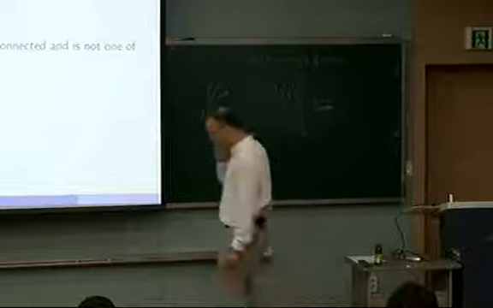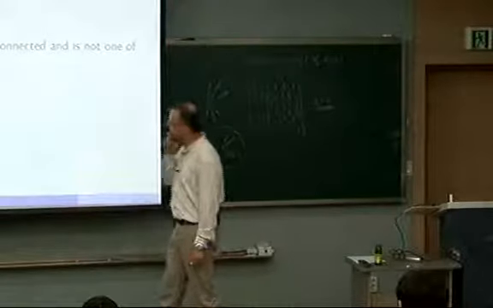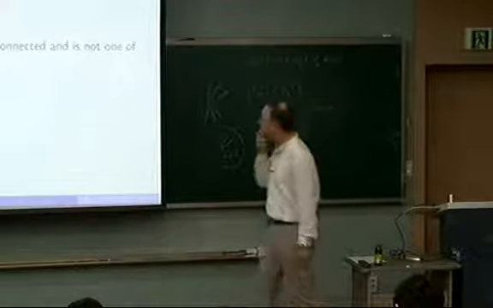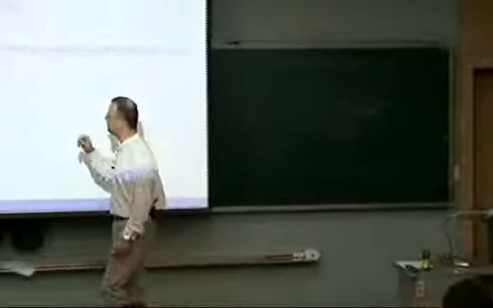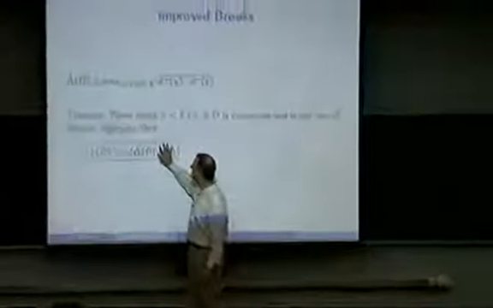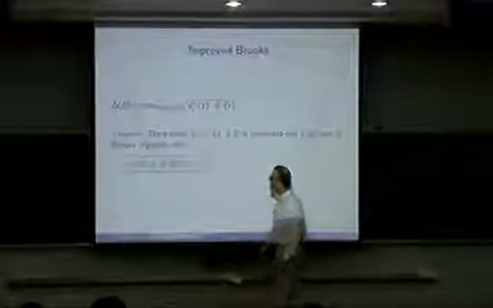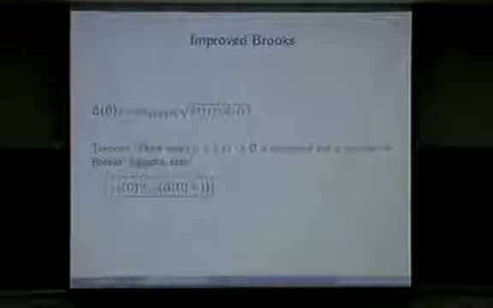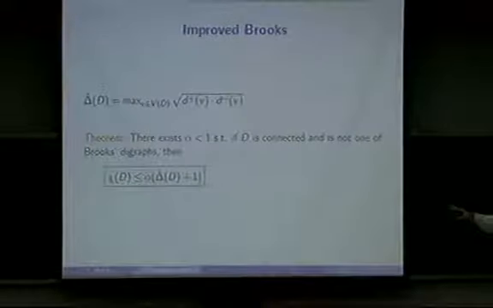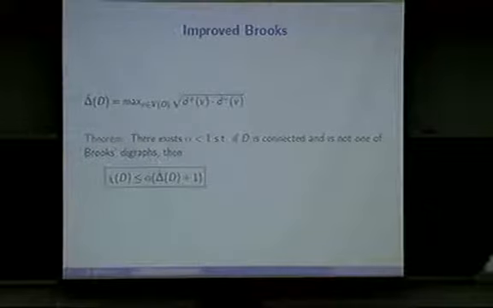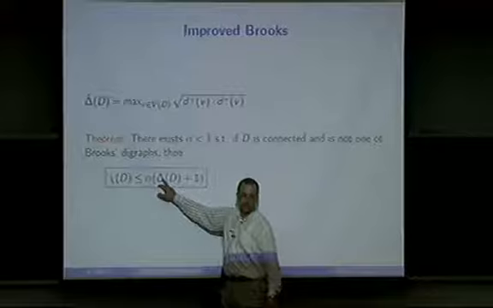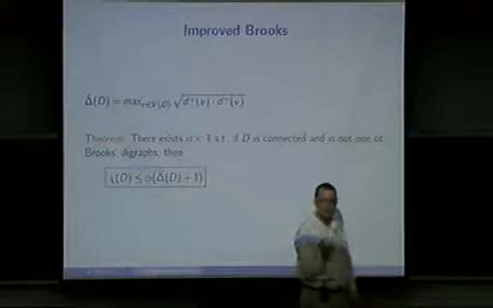Now, here is a funny thing. This is an improvement. I'll explain the things, but just forget about the +1 and forget about this hat. This thing basically says that there is a Brooks theorem result so that you can color every digraph with at most alpha times delta colors, where alpha is strictly smaller than 1.